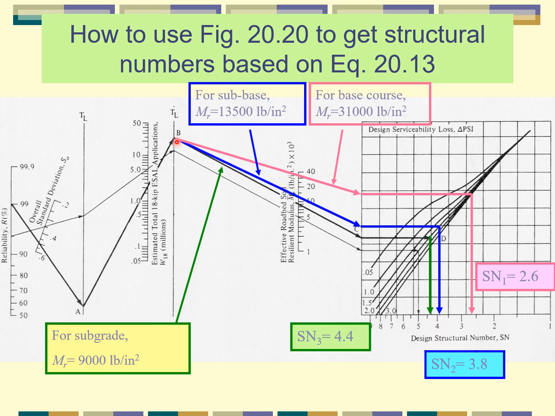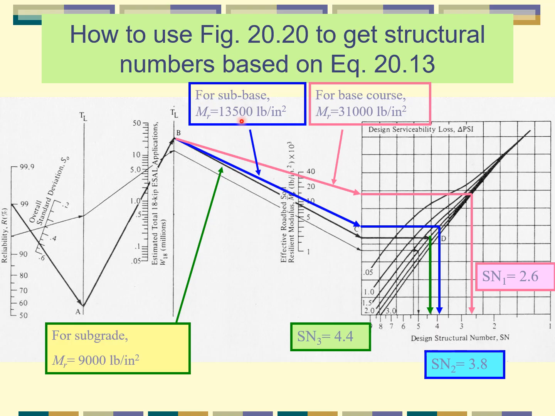Now you can see that first, considering the base course, let's say the base course material is having the modulus of resilience 31,000 pound per square inch, and this pink color is meant for the base course.